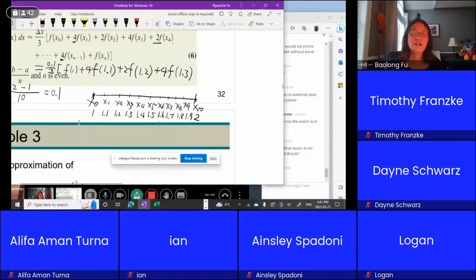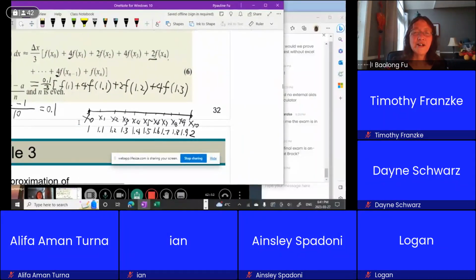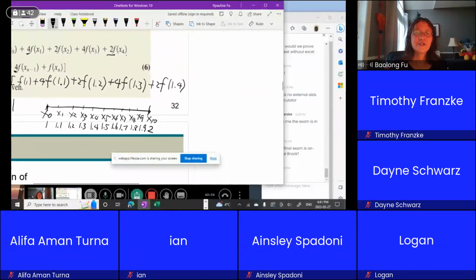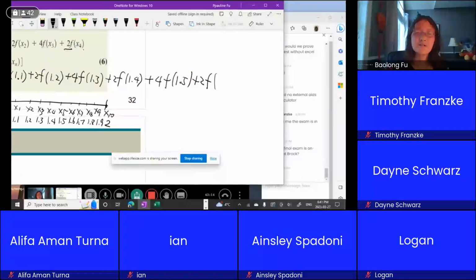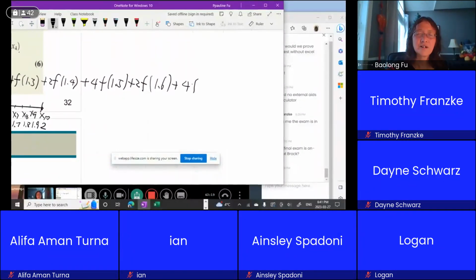So we are at x3, then plus 2 f(x4), x4 is 1.4. So 2, 4, then plus 4 f(1.5), plus 2 f(1.6), plus 4 f(1.7), plus 2 f(1.8).